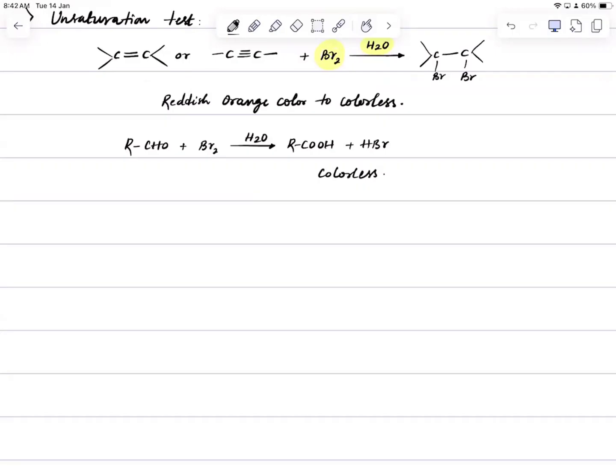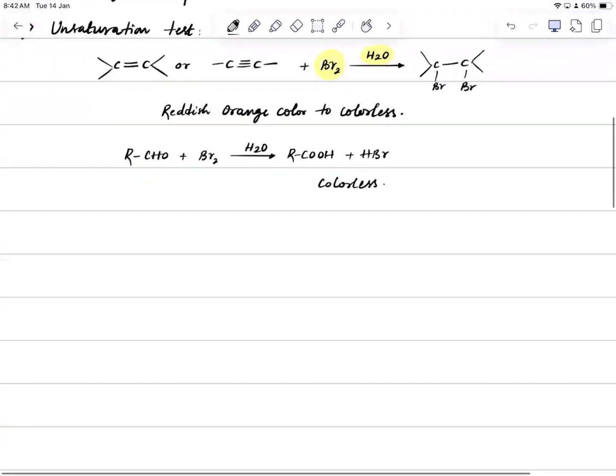Got it? Another place where bromine water is used is on phenols and anilines.